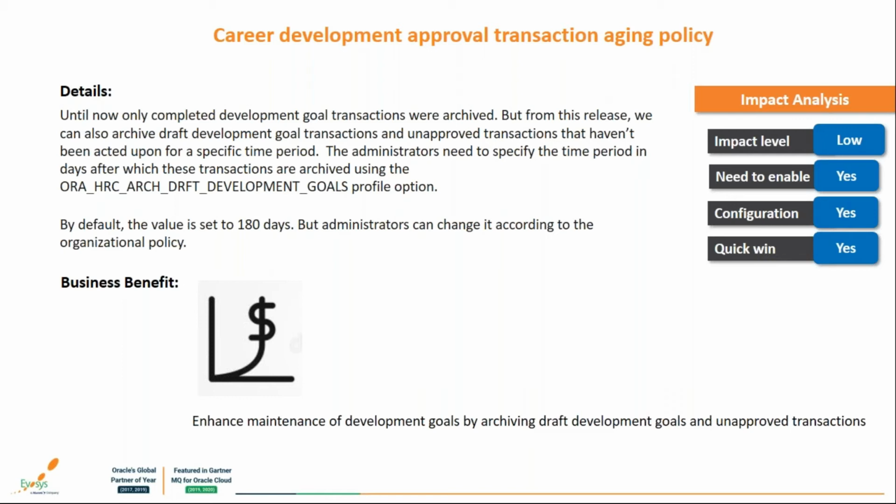The default time lapse has been set at 180 days, but admins can change it according to the organization's policies. On the impact side, it's on the lower side with a need to enable and configuration steps to be done, but it qualifies to be a quick win again because it enhances maintenance of development goals.